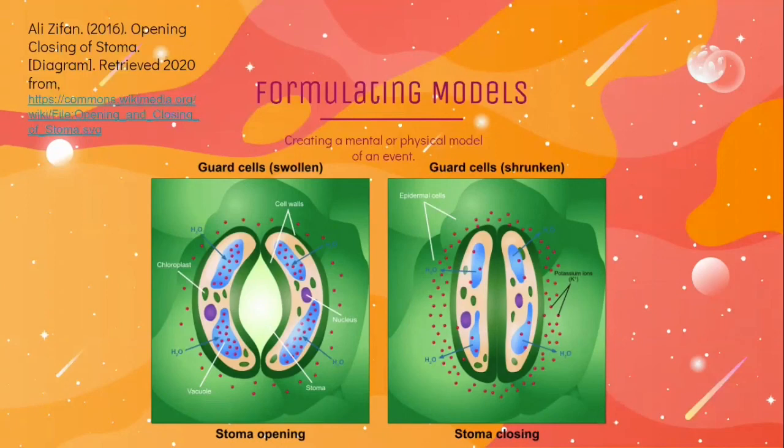The red dots are K+ ions, or potassium ions. We can see that the water is mixed with a lot more potassium ions in the vacuole of a swollen guard cell, whereas the potassium leaves the vacuole and leaves the water behind whenever the guard cells need to shrink.